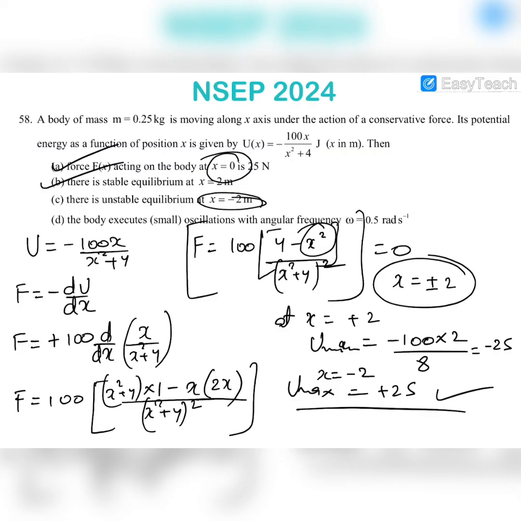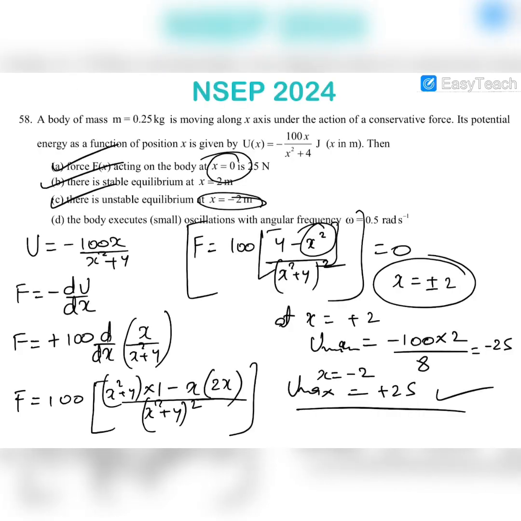Then it would be the unstable equilibrium position, and this body executes SHM with the angular frequency of this. So let us check this scenario. Let us use a new page. We can see that the stable equilibrium position is x is equal to plus 2.